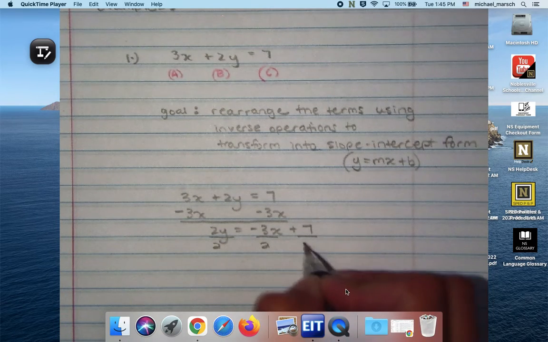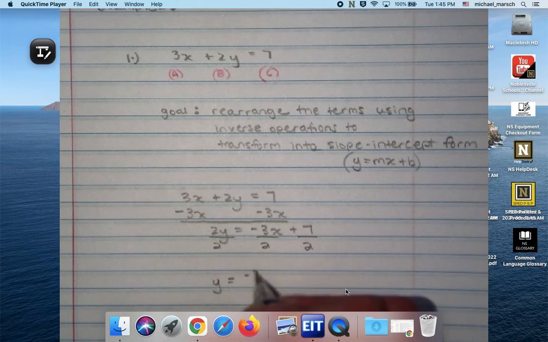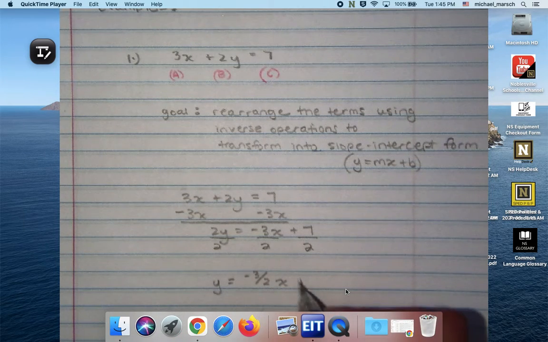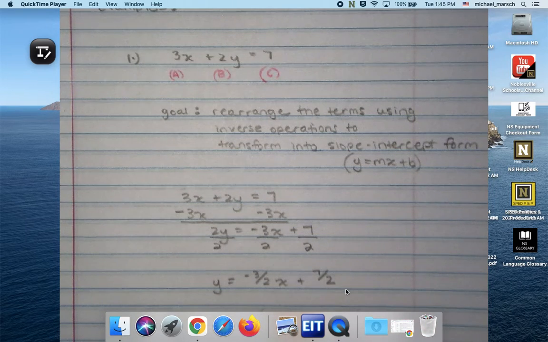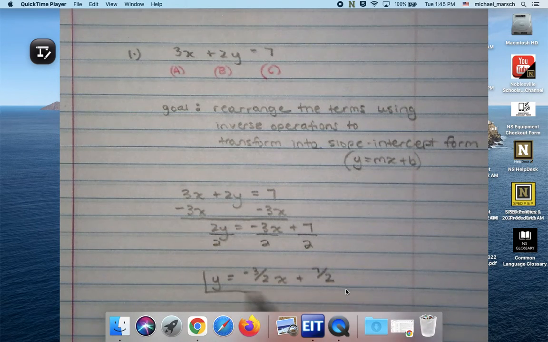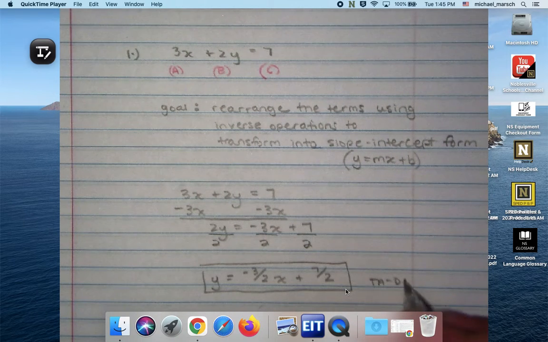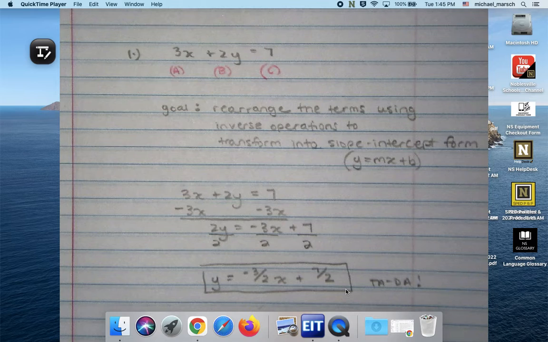Every term gets divided by 2. So now I have y equals negative 3 over 2 x plus 7 over 2, which I leave as 7 over 2. I don't turn it into a decimal. I don't turn it into a mixed number. And now I have slope-intercept form. Ta-da!